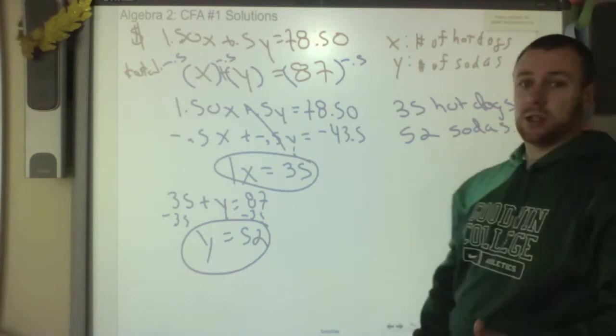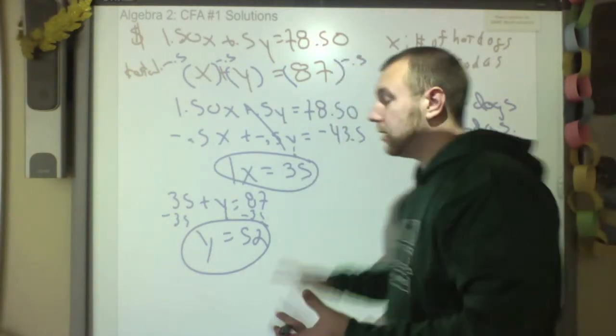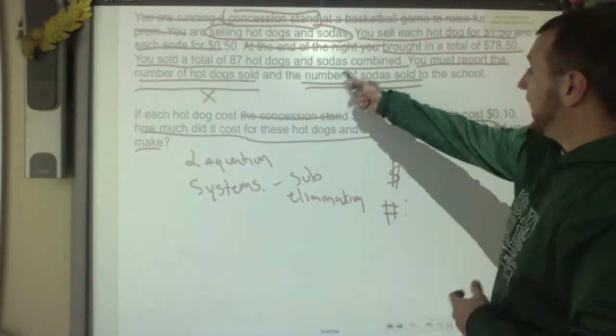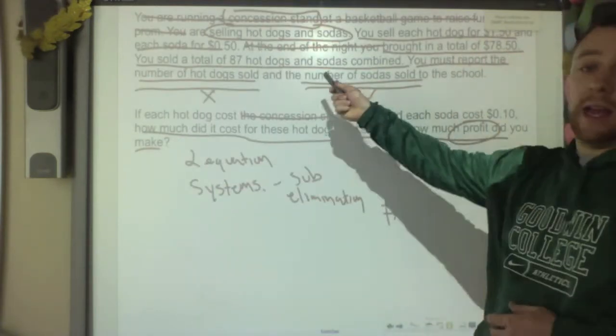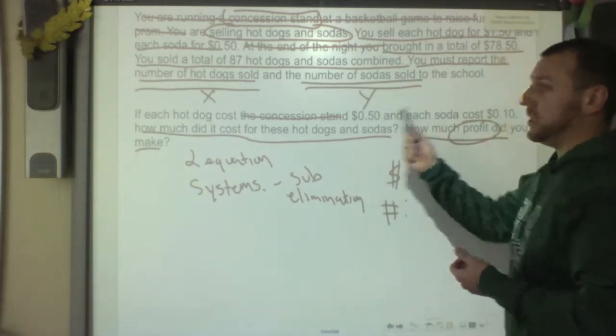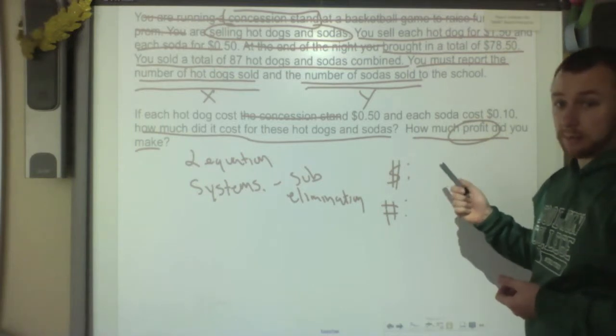Okay? That's how much I sold. Well, so I just reported to the school how many I sold. Now I got to figure out, okay, how much did each one cost and how much profit did I make?